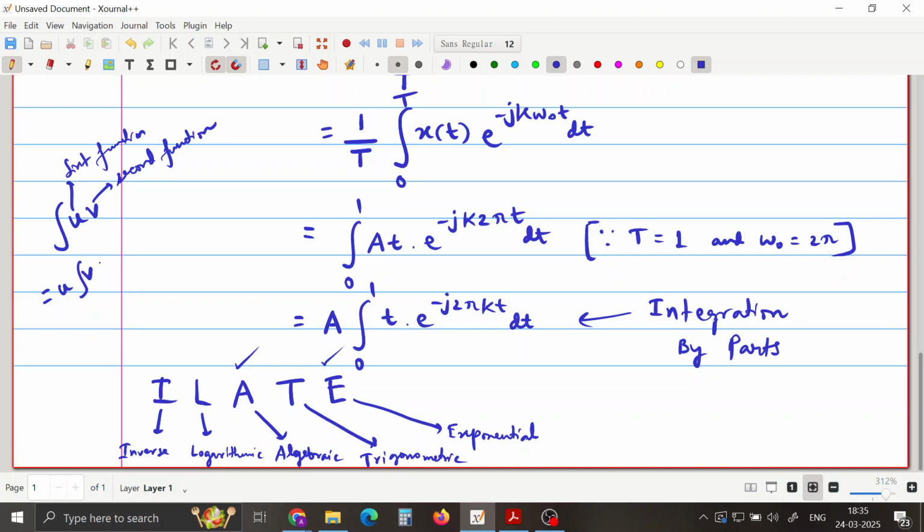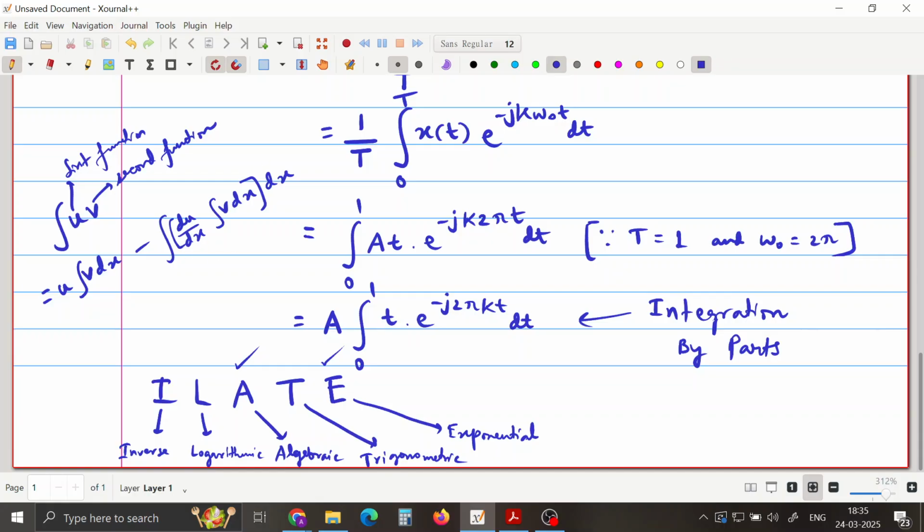Let's say u and v are both functions of x, so the variable of integration is x. So this minus integral du/dx: you differentiate the first function, then you integrate the second function, and then you integrate the whole thing again.